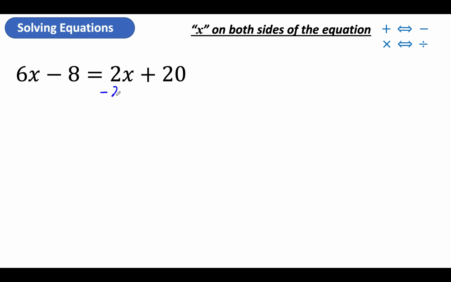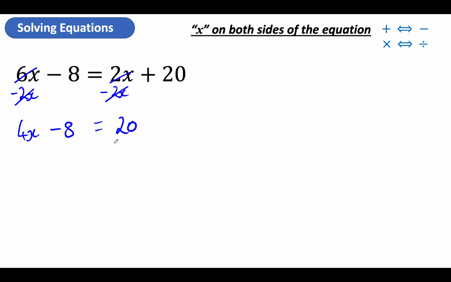So if I take 2x away from this side, that leaves no x's at all, just the 20, but I can do it to this side as well. So you look for the side that's got the fewer x and you take it away. Now 6x take away 2x leaves 4x minus 8, and that equals 20.